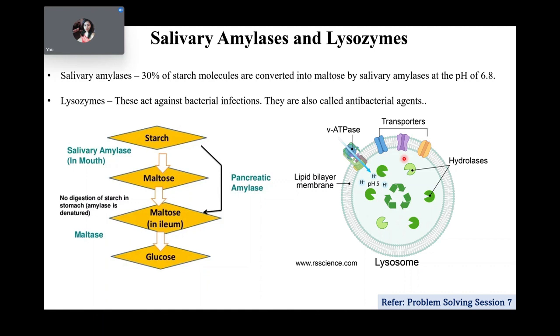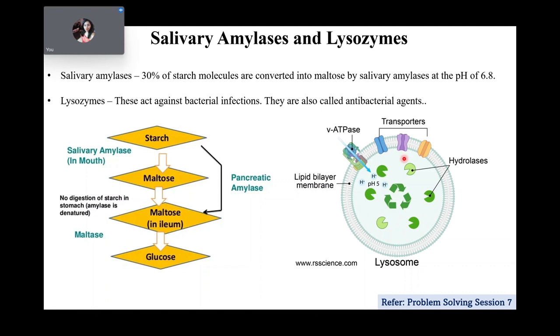It will require a facilitator, basically a helper transporter, which will transport it from the outside region to the inside region. So for example, here you have a transporter, the blue transporter, which will bind to the fructose at one end and then push it inside the cell.